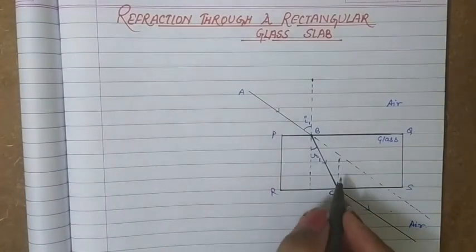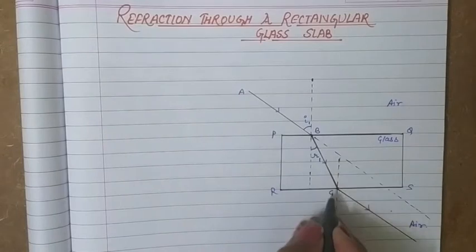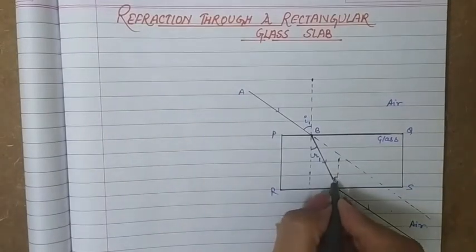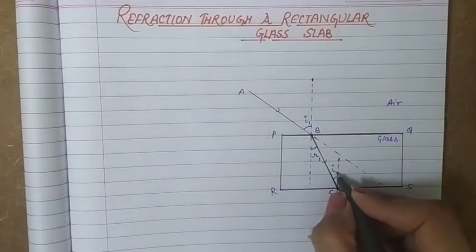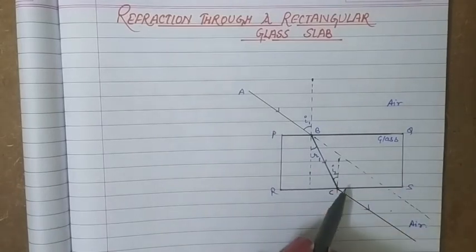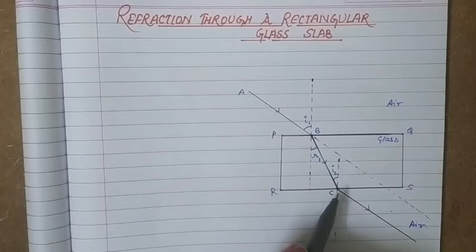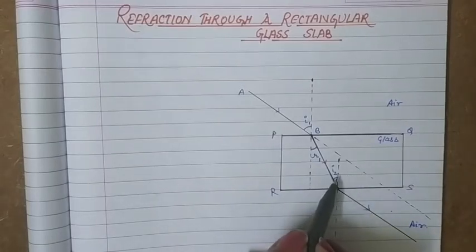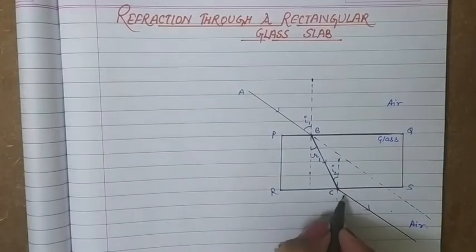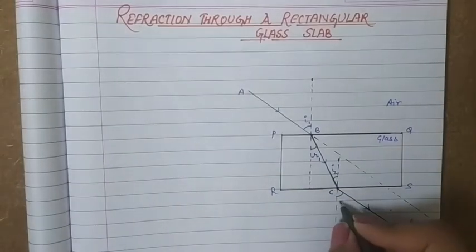The angle that the ray BC makes with the normal is the angle of incidence for the refraction happening at point C. This means when light is moving from glass to air, its angle of incidence is I2 and angle of refraction is R2.